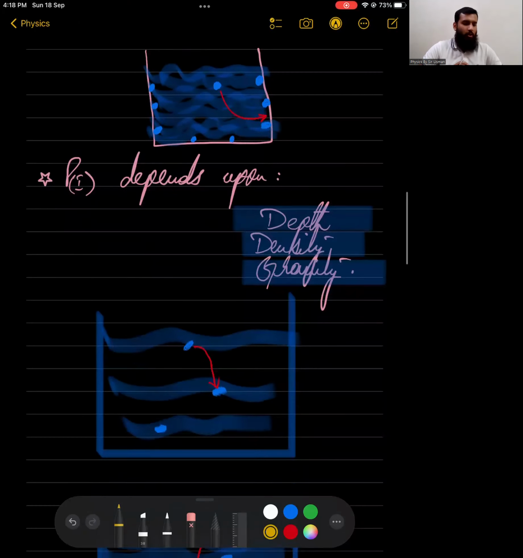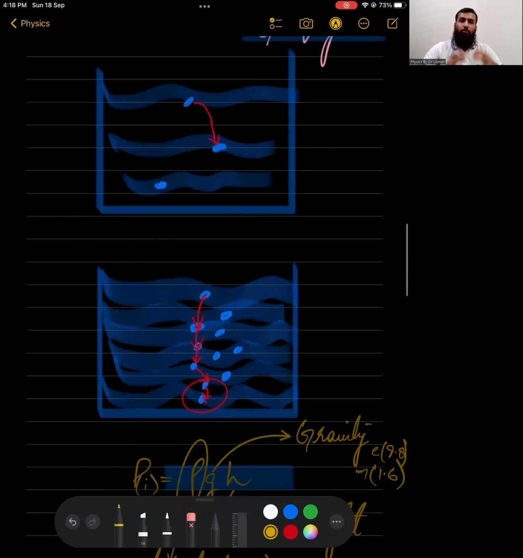मैंने आपको depth की logic बताई थी कि जब आपकी depth ज़्यादा हो जाती है तो आपके overall particles increase कर जाते हैं. So as you have got more particles, you will have more force coming to the bottom. Bottom की तरफ ज़्यादा force imply हो रही होगी.